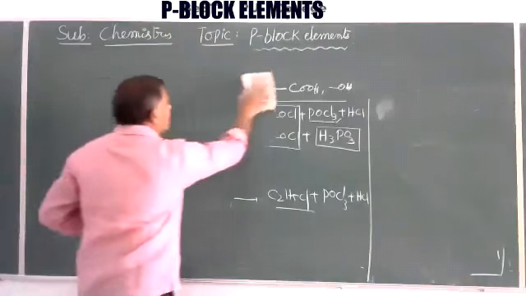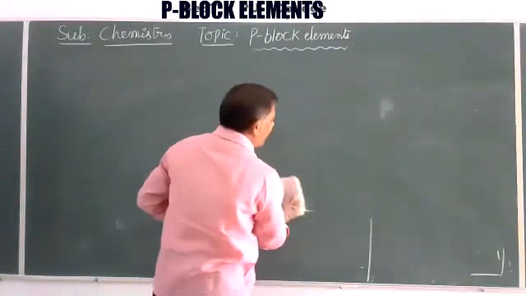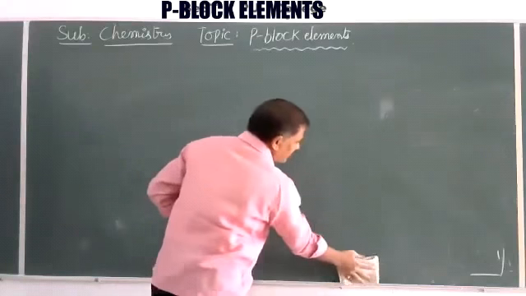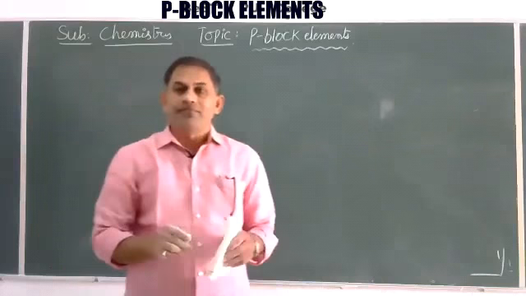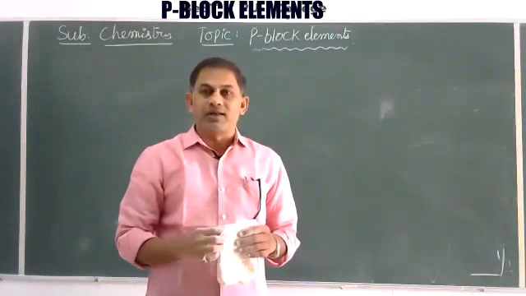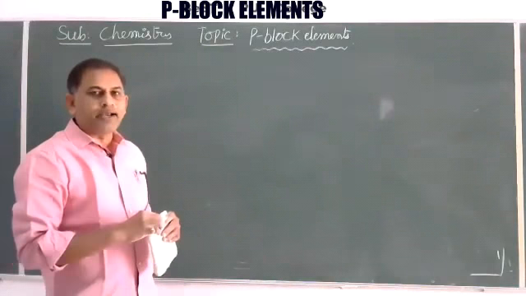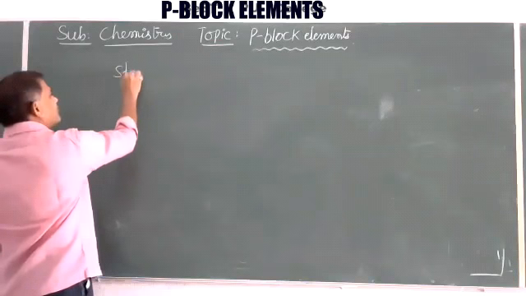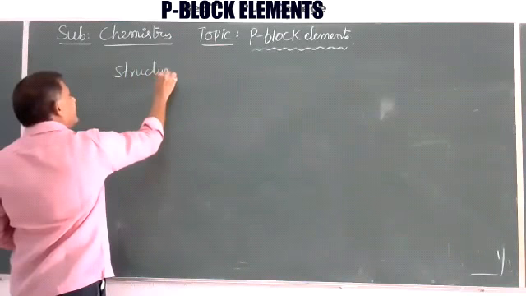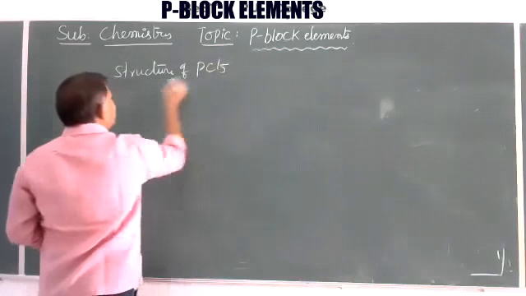But the important thing is the structure of PCl5. The structure of PCl5 has been asked in exams a number of times. There are 2 to 3 important points. Heading: structure of PCl5, phosphorus pentachloride.